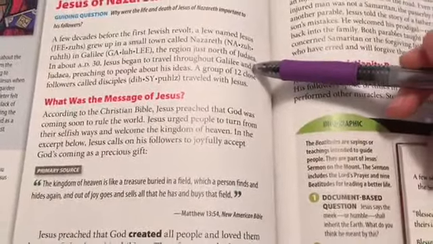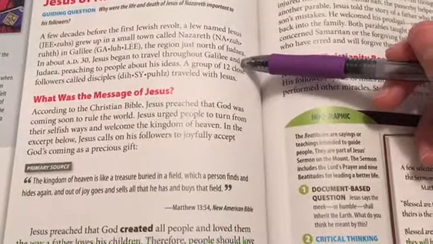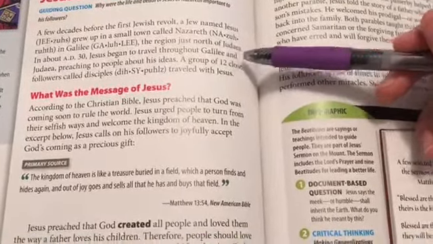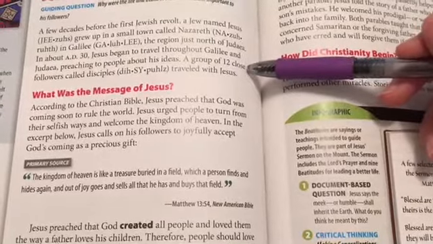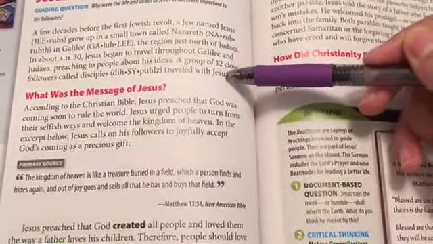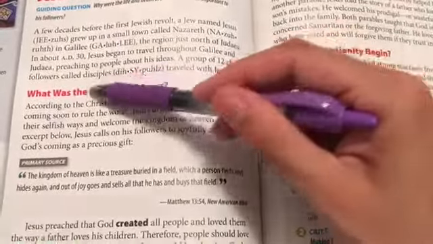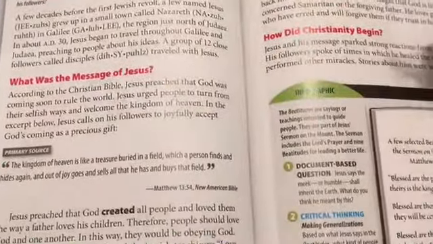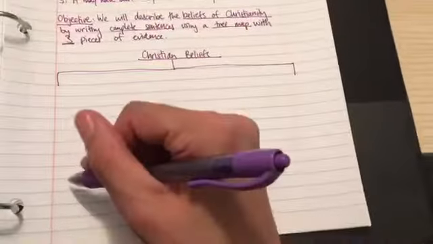In about AD 30, Jesus began to travel throughout Galilee and Judea, preaching to people about his ideas. A group of 12 close followers called disciples traveled with Jesus. This word disciples, I think, might be a key vocabulary word. So I'll come over here and keep track of some vocabulary words as well.